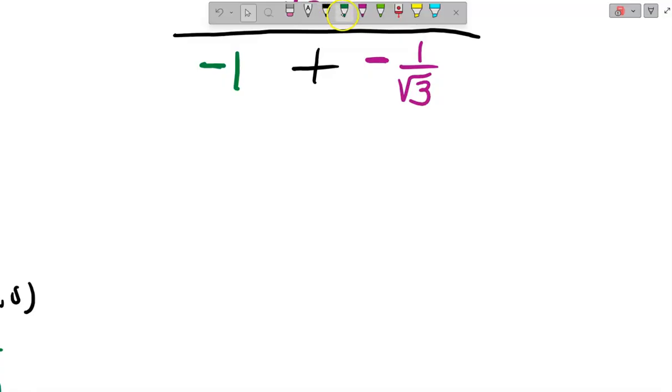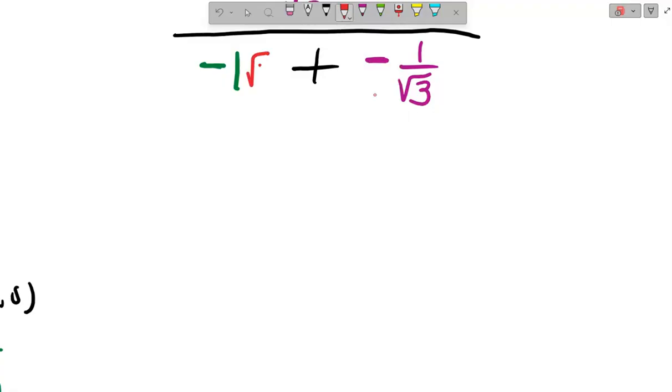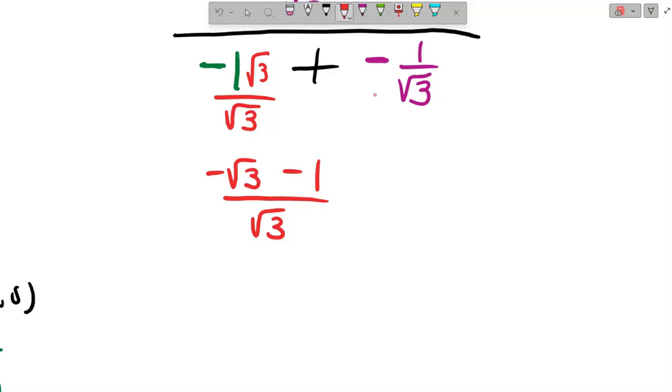That is, to get a common denominator. So what would be that common denominator here? It would be root 3 over root 3, because now I would be able to add these together. So this would be negative root 3 minus 1, so that's just plus -1, over the square root of 3. That is now my simplified denominator.